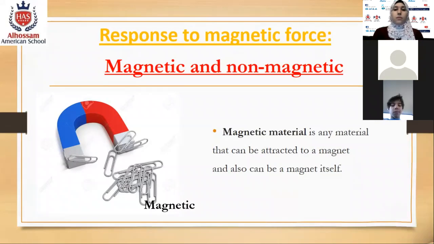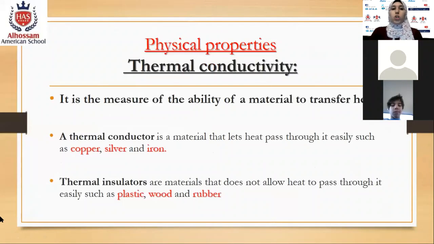Now we also talked about thermal conductivity. Thermal conductors are materials that let heat pass through them, just like copper, silver, and iron. And thermal conductivity is the measure of the ability of a material to transfer heat.